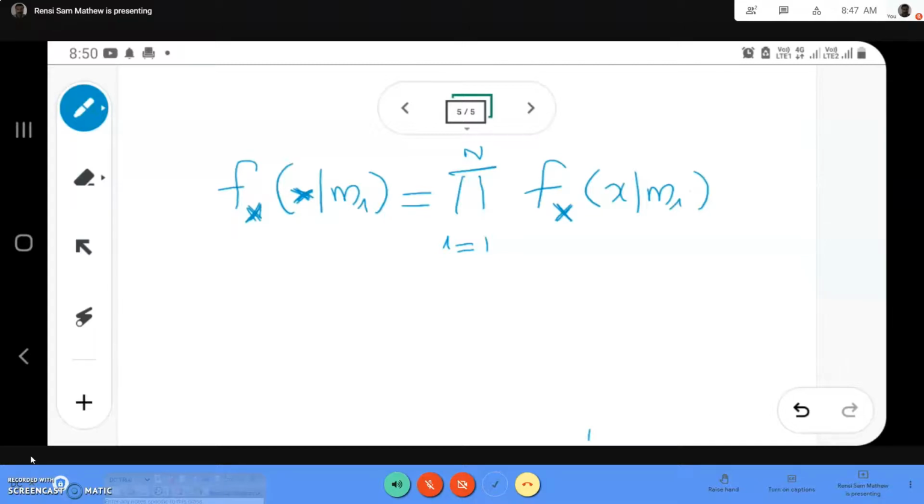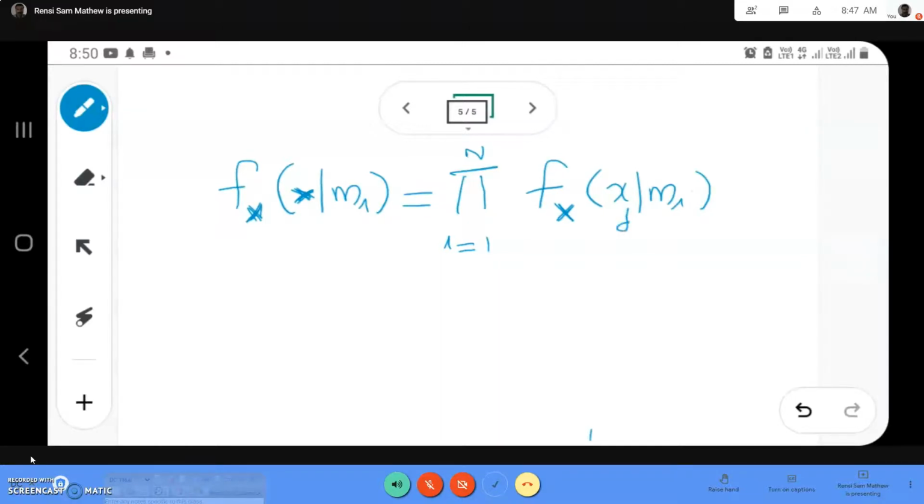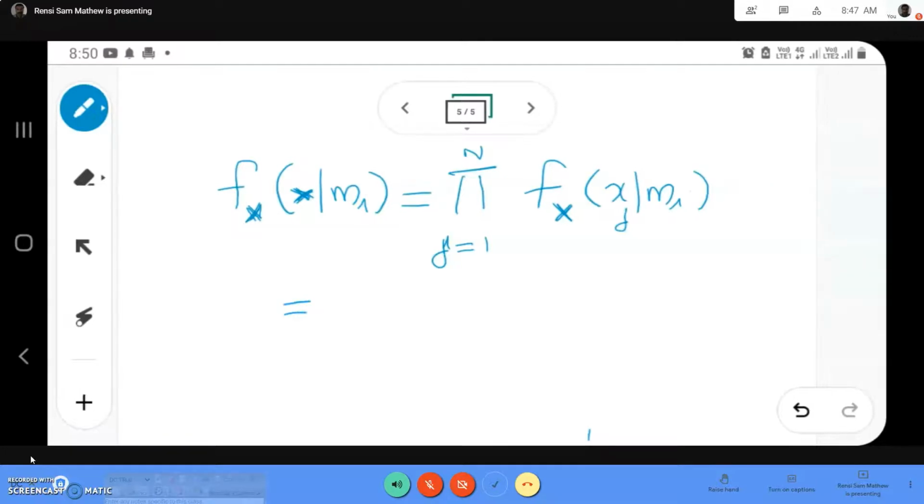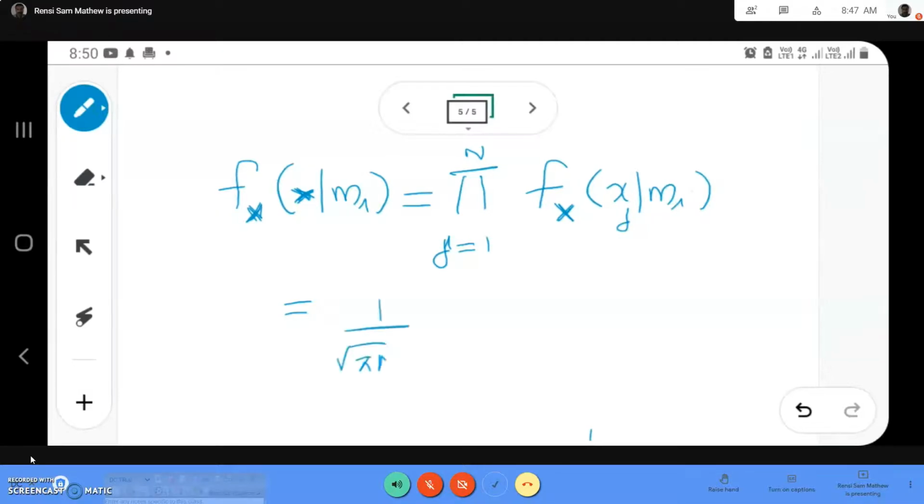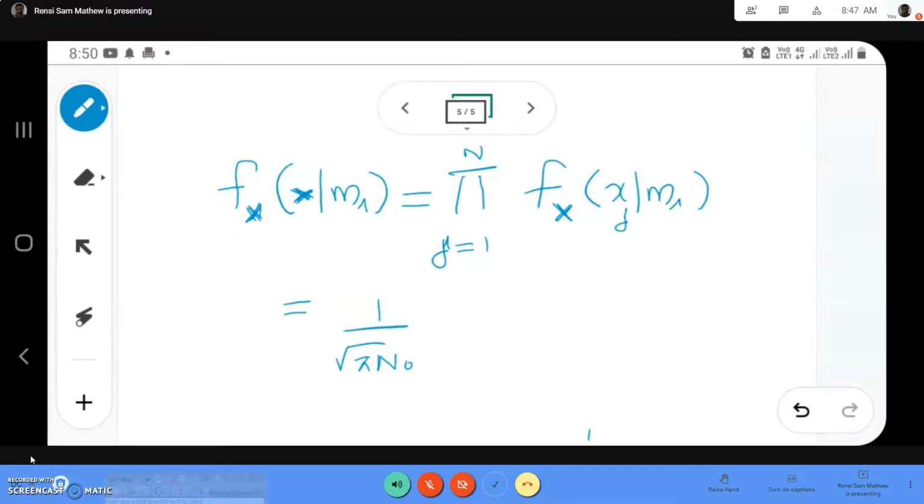Okay, here we have xj where j varies from 1 to n, because we can project it only on the n dimensions. So if we have the complete terms now, it is 1 by square root of pi n0. It is a product of all the terms.